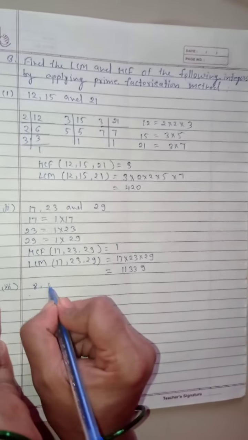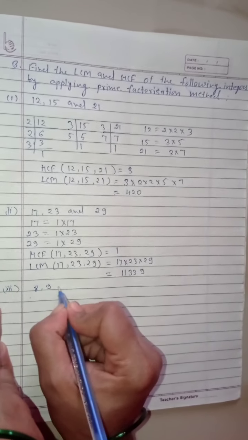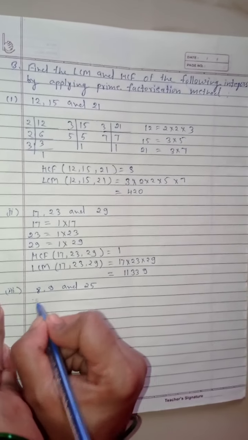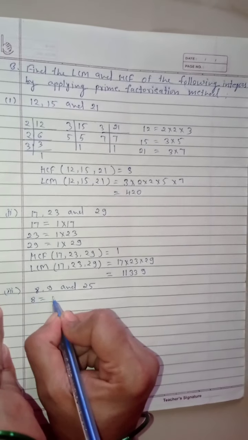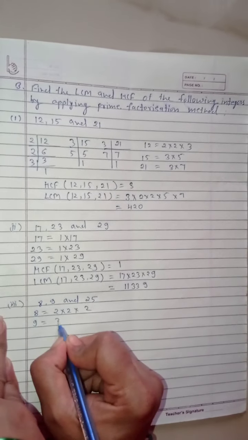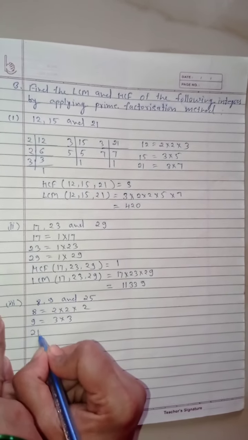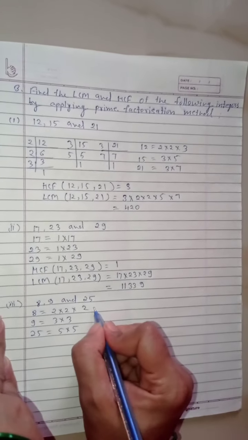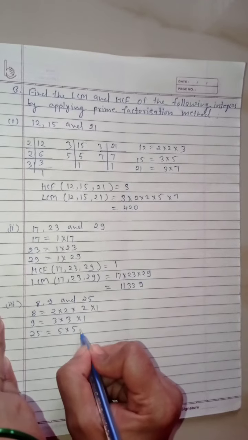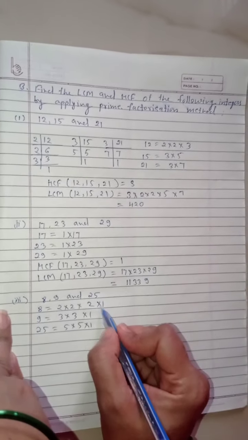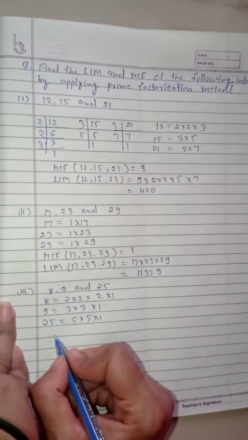Next question is 8, 9 and 25. Factors: 8 is 2 into 2 into 2, 9 is 3 into 3 and 25 is 5 into 5. Here there is no common factor, so we multiply 1 by each number.